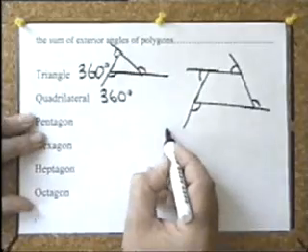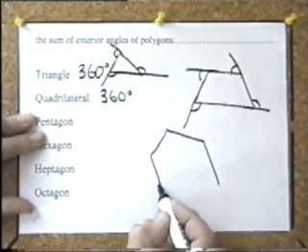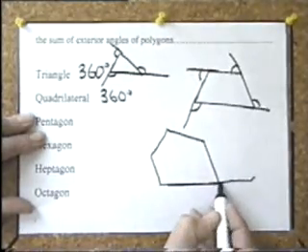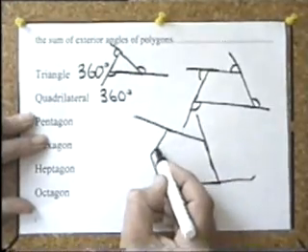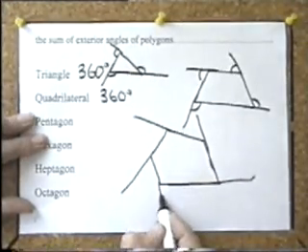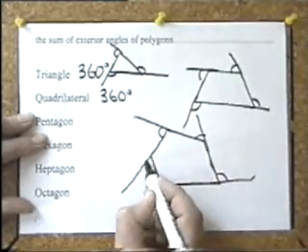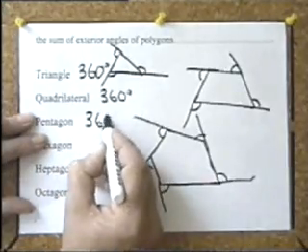And in fact, it doesn't matter how many sides your shape's got. There's your pentagon, 5 sides. If you extend the sides of your pentagon, then the exterior angles will still add up to 360 degrees. Very nice simple fact that's quite useful.